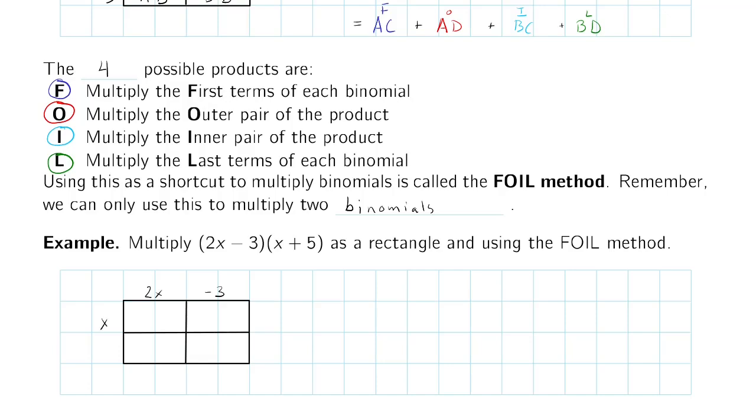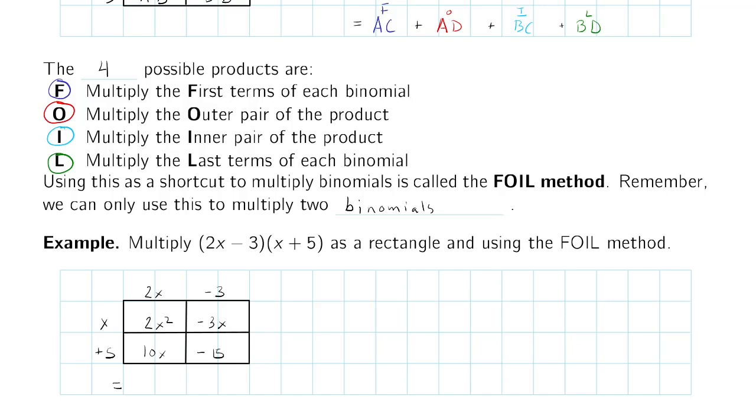Down the side, I'll put x plus 5. So 2x times x is 2x squared. Negative 3 times x is negative 3x. 2x times 5 is 10x. Negative 3 times 5 is negative 15.